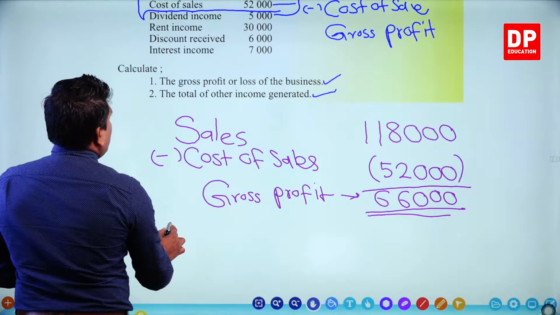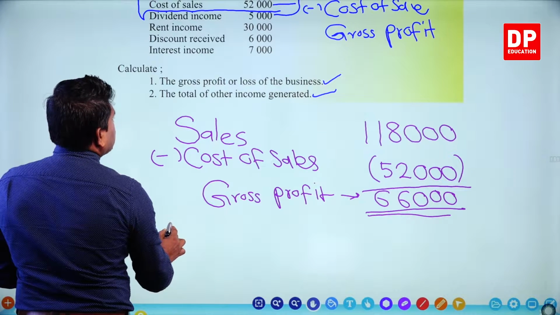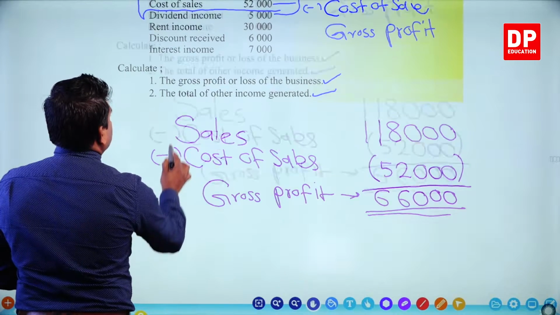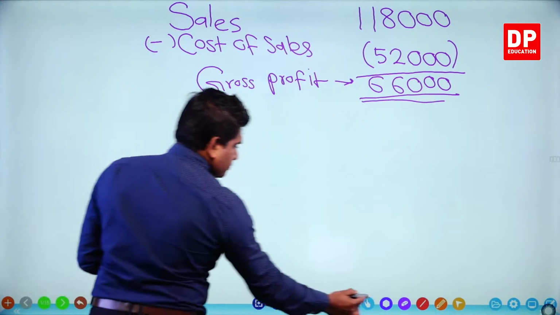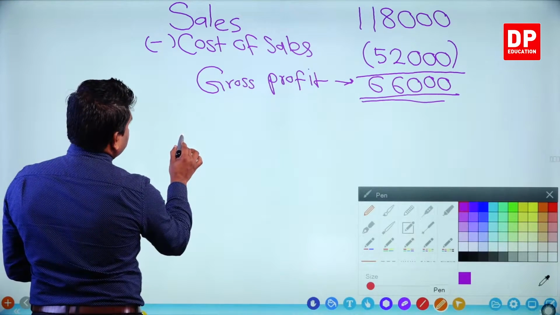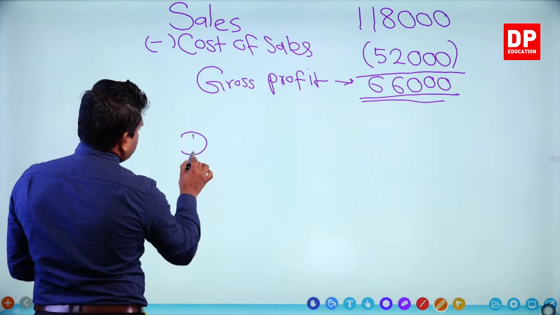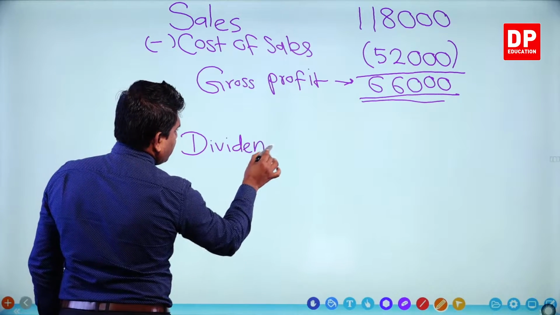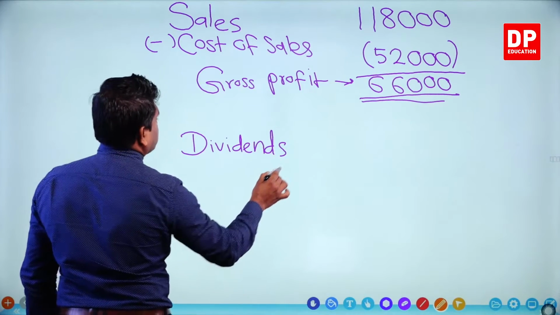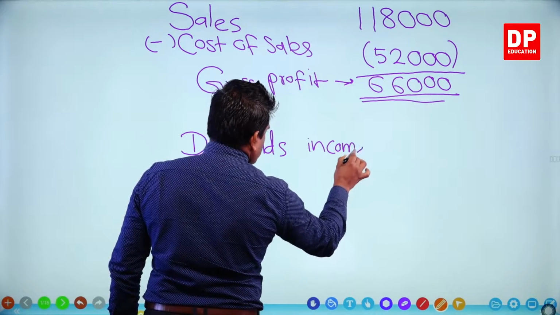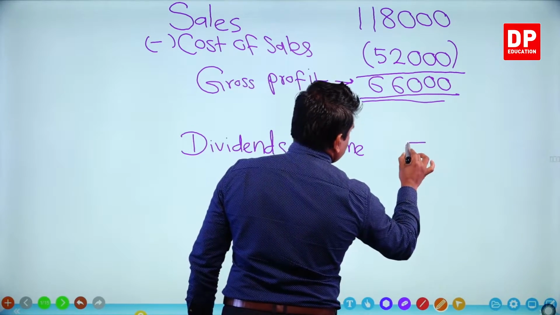We get this total, it is the other income generated. Dividends income, how much? 5,000.